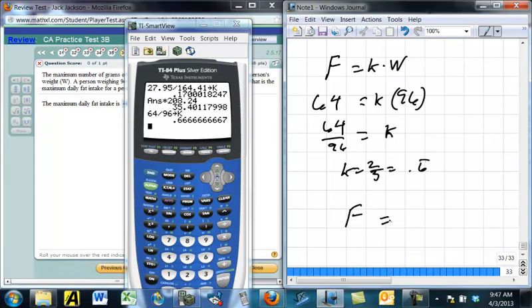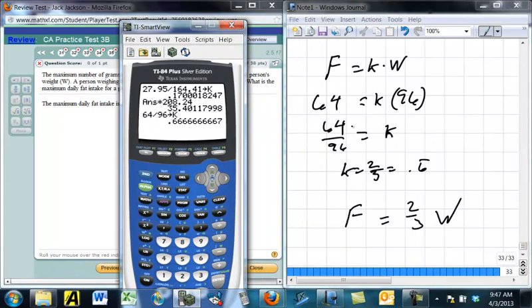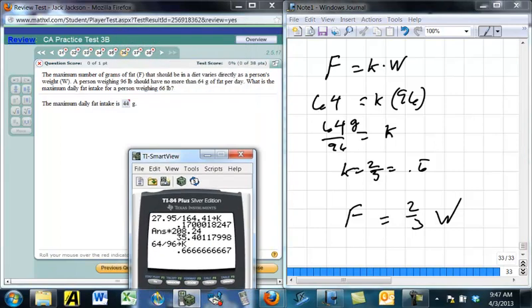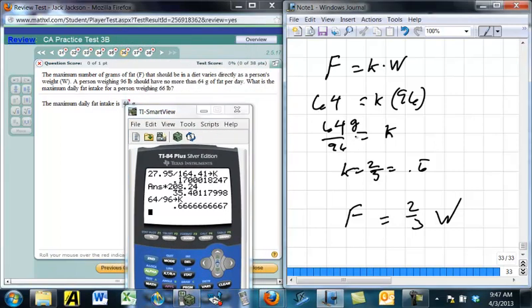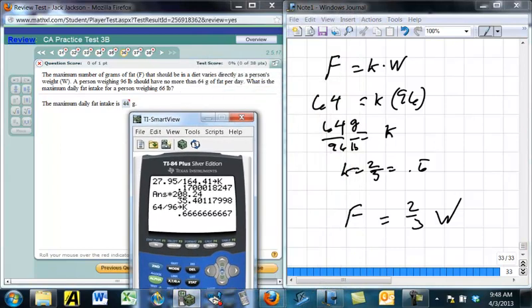So F equals 2/3 times W. And actually these have units. This is grams of fat per pound. So for every 3 pounds you should get 2 grams of fat at most.